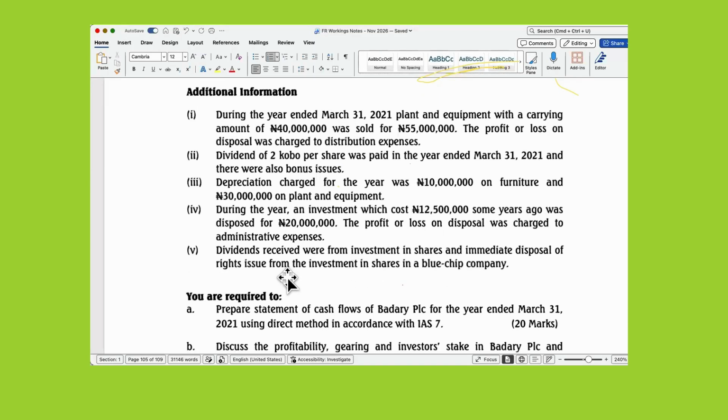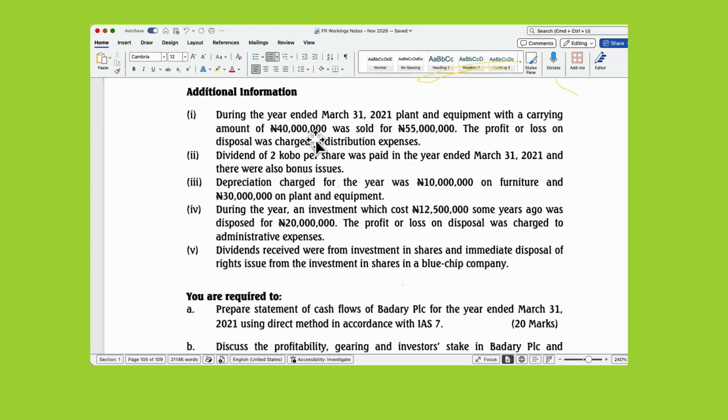The only thing I didn't touch is this note 5. It says that dividend received were from investment in shares and immediate disposal of rights issue from the investment in shares in a blue chip company. So how does this help our situation?